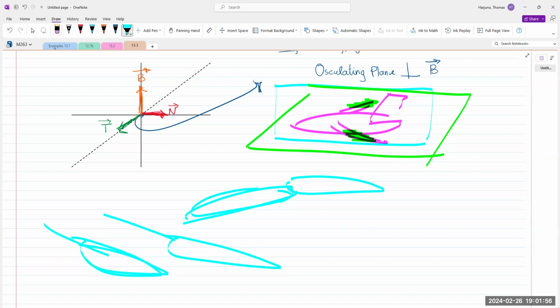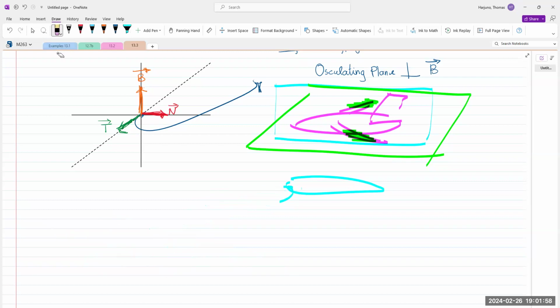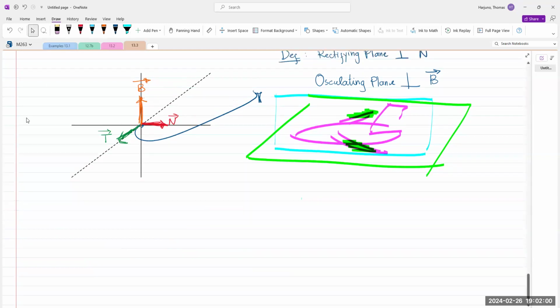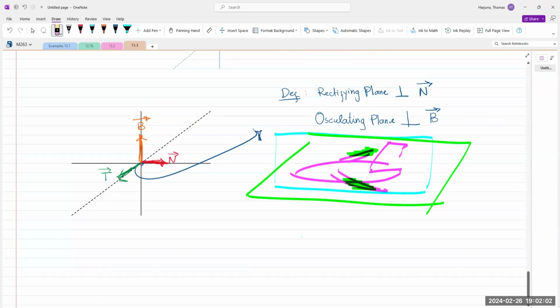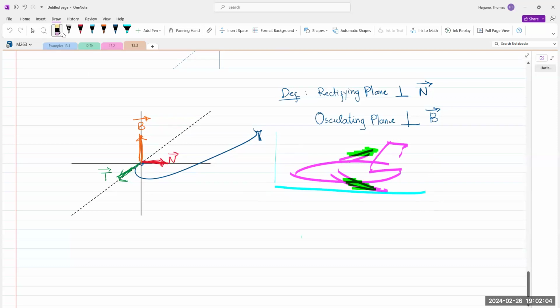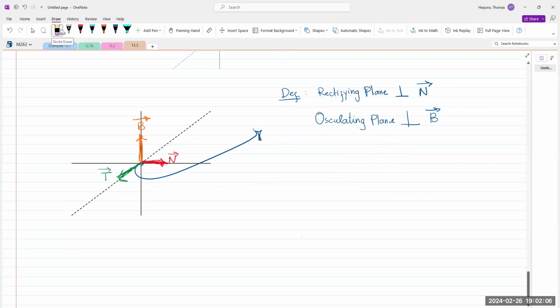Now, what is the normal plane? There's one more. The normal plane is the plane perpendicular to the tangent vector.